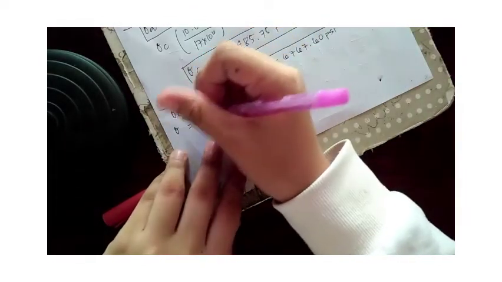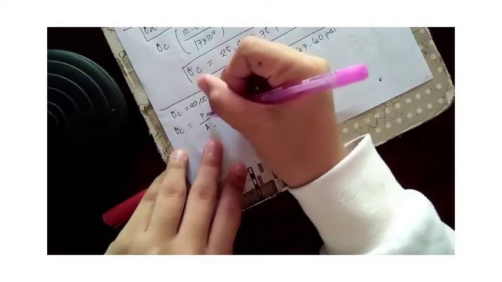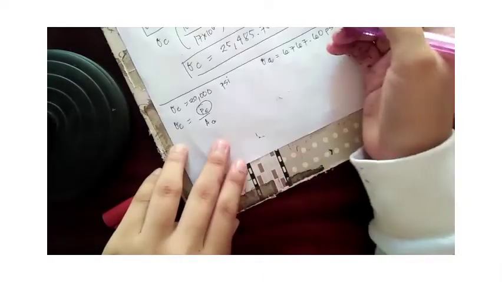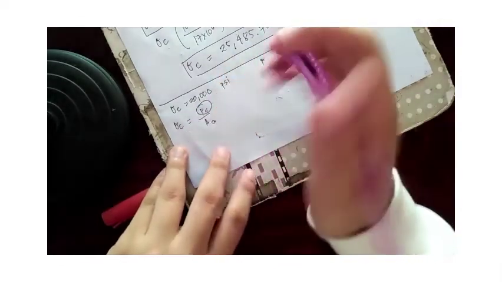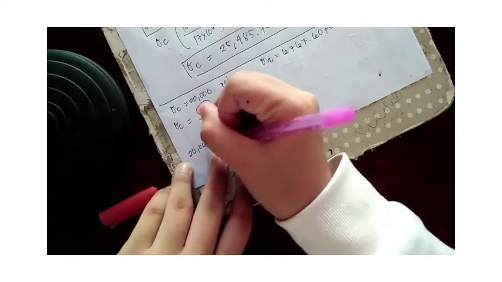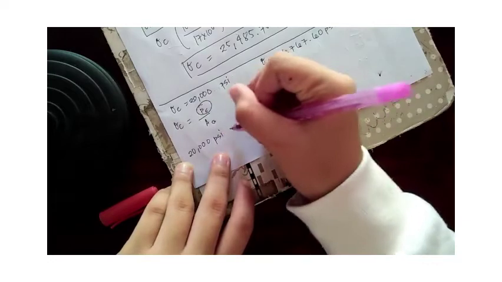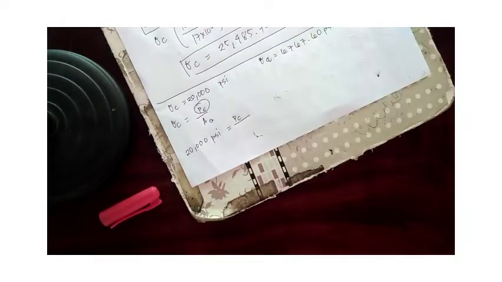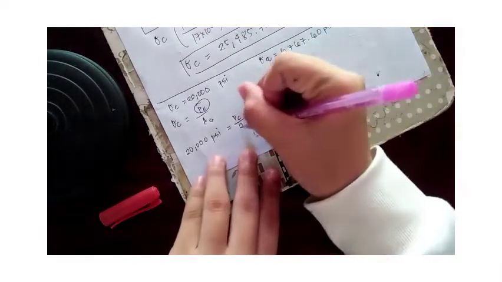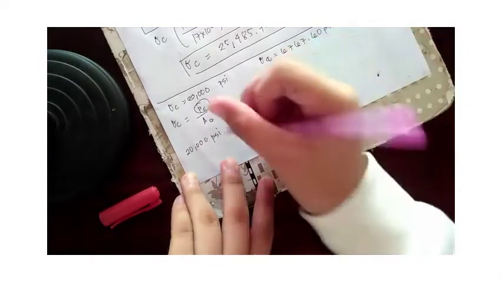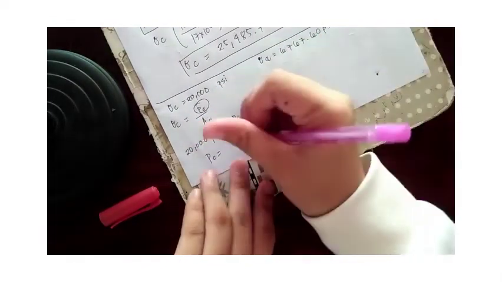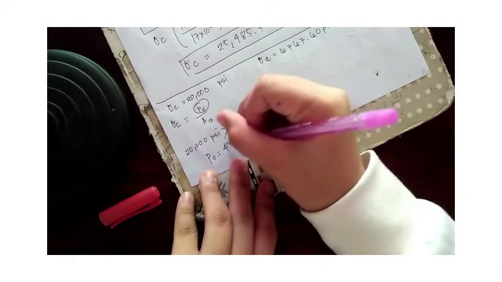So, subjected natin siya sa copper. Then, ang gusto nating makuha is this one. And may value na rin naman tayo ng dalawa, kaya pwede natin kuha. So, 20,000 PSI is equals to PC over yung area ng ating copper is 2. So, cross multiplication lang natin siya. Then, we can have the value of PC, which is 2 times 20,000 is 40,000 pounds.